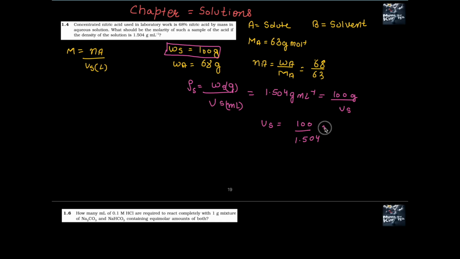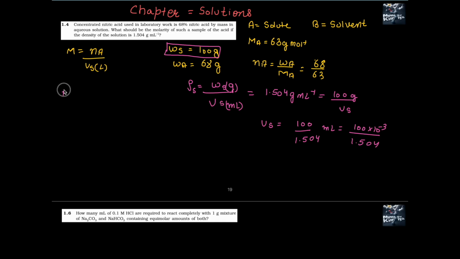This would be in ml, but we need to use it in liter, so we divide it by 1000. 100 into 10 to the power minus 3 divided by 1.504. So this is the volume of solution.